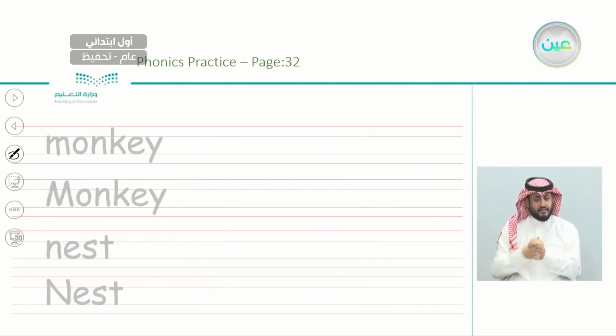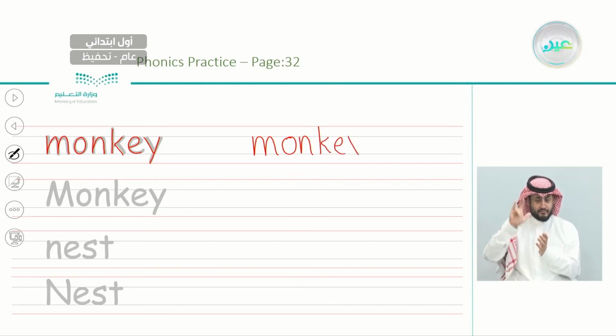Yes, let's trace monkey. M, O, N, K, E, and Y. Okay, let's write them one more time. So M, O, N, K, E, then Y, and Y will end up to number 4.